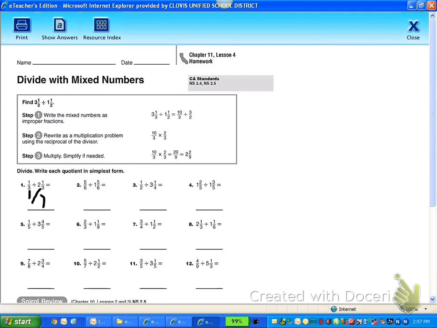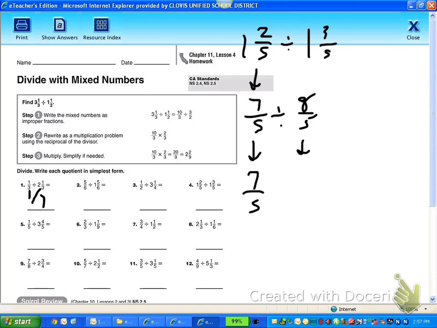Number 4, we've got 1 and 2/5 divided by 1 and 3/5. Okay, we're going to change both of these into an improper fraction. 5 times 1 is 5, plus 2 is 7 over 5. 5 times 1 is 5, plus 3 is 8 over 5.